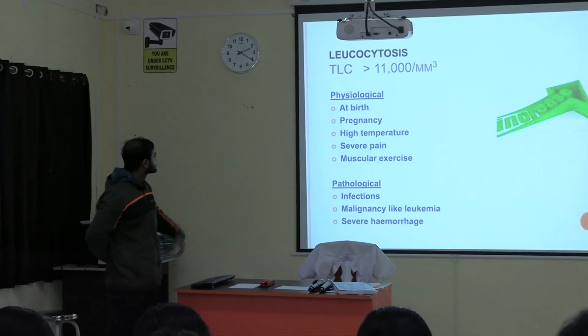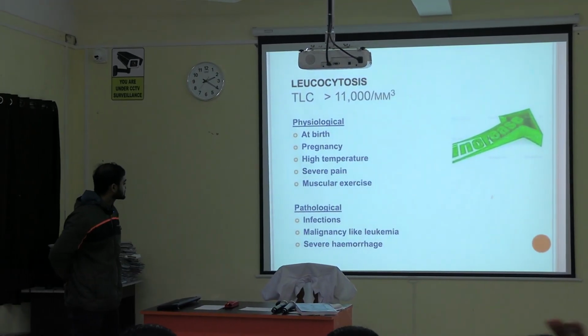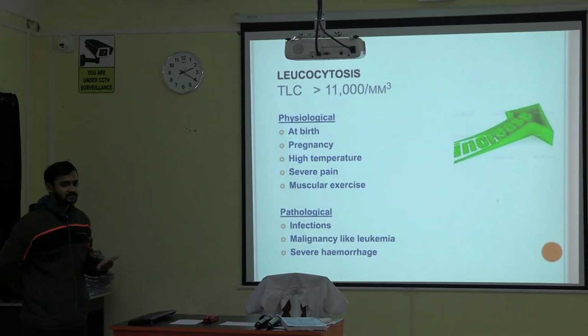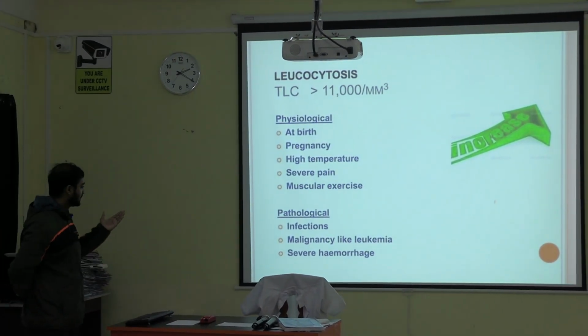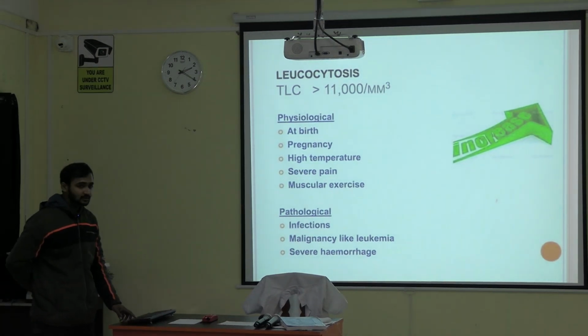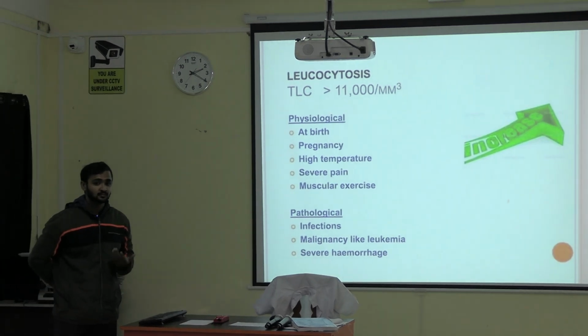Physiologically we find leukocytosis in these conditions, and there are also pathological conditions like infections, malignancies like leukemia, where there is increased production of WBCs, and severe hemorrhage. Like in infections, what happens mainly? There is an immune response.